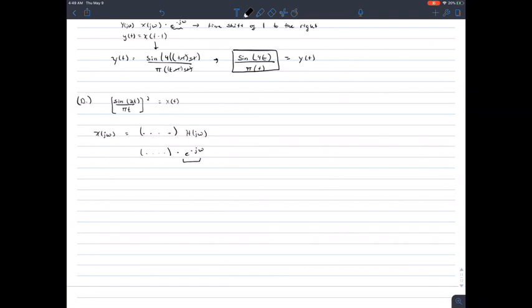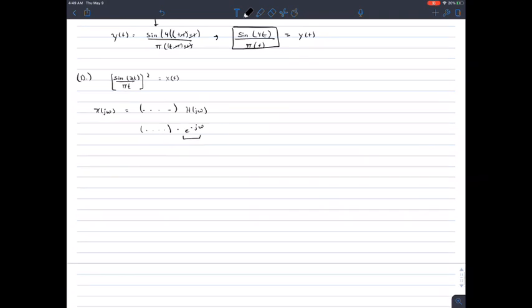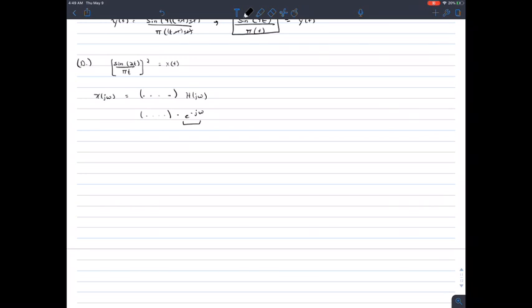And like I said, it is still just a time shift. So it's going to be x of j omega times e to the negative j omega, which is y sub j omega by the way, which when changing it back to y sub t is going to be equal to x of t minus 1. Okay, so you just plug in t minus 1 for t.